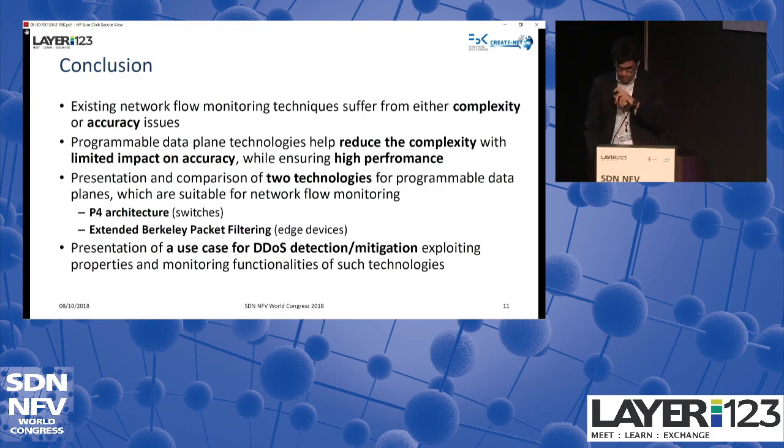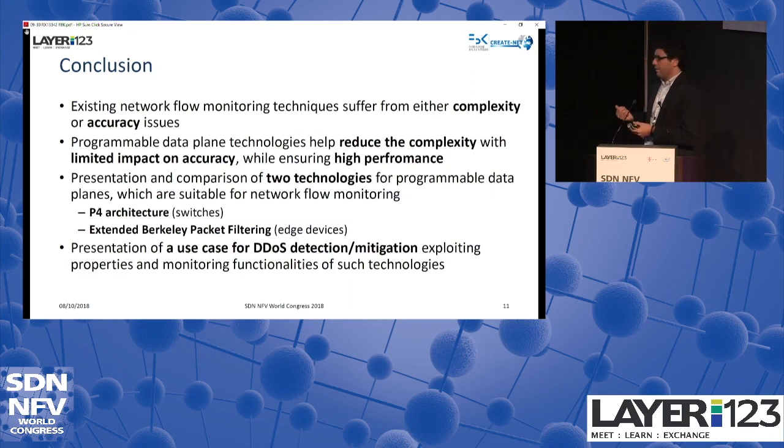To conclude, if you ask me which is better between P4 or eBPF, I cannot give you a clear answer, of course. In the future, if there exist fully P4-enabled networks, network operators can offer this DDoS detection and mitigation, or other functionalities, as a service to the service providers, and also filter malicious traffic on their network for these two different cases.